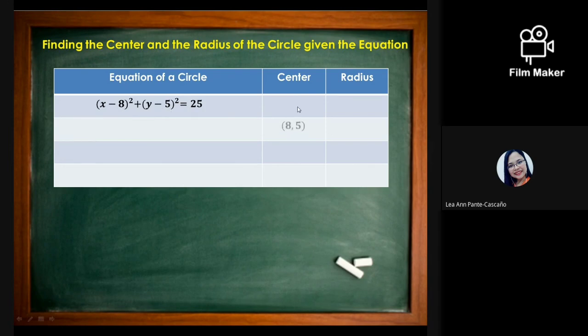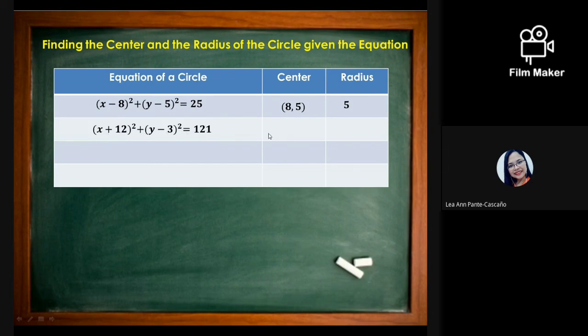So we just take the numbers here. If negative, it becomes positive. Therefore, our center is positive 8, 5. For our radius, just get the square root of 25. The answer is 5.